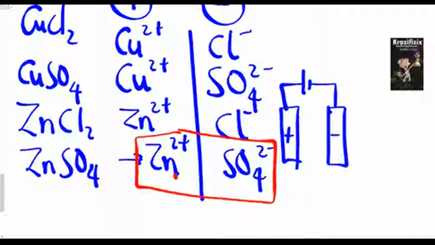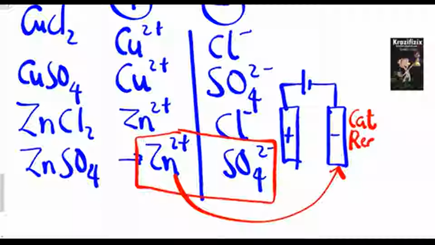So automatically the zinc 2 plus are attracted towards the negative electrode. And remember, the negative is the cathode. So they are attracted towards that, and that's where reduction takes place, while these ones are attracted towards the positive electrode, and that's where oxidation takes place.